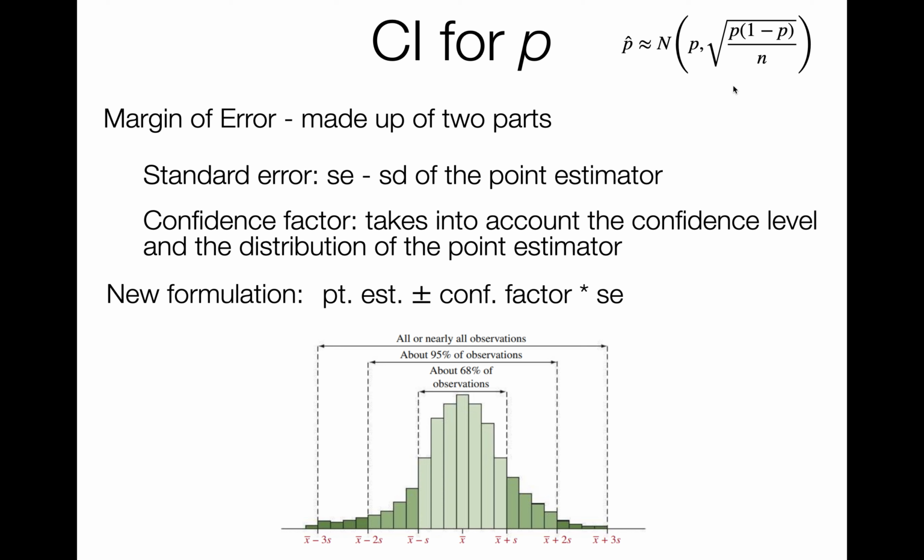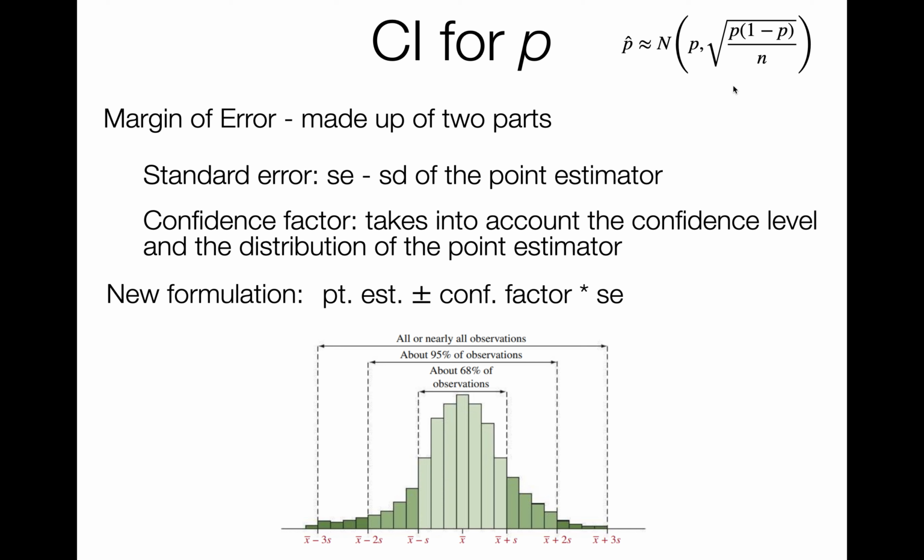Between 2, it's about 95, and between 3, it's all or nearly all. We're going to use this empirical rule information to find out how much we should stretch the interval by to get our interval estimate, to get our confidence interval.